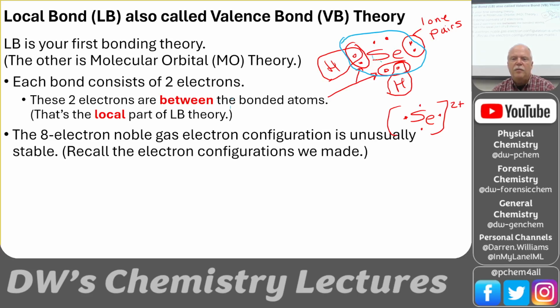And so when selenium is looking around, it sees 8 electrons in its electron cloud because it's sharing 2 of those with hydrogen. But it gets to claim those 8 electrons, and it has now the noble gas configuration of argon. And the hydrogen is happy because they're sharing. So the hydrogen gets to see 2 electrons, and it has the noble gas configuration of helium.